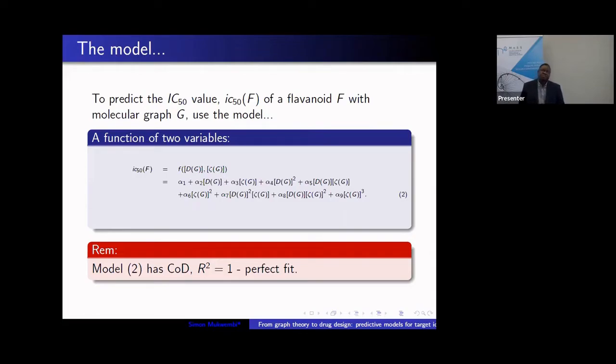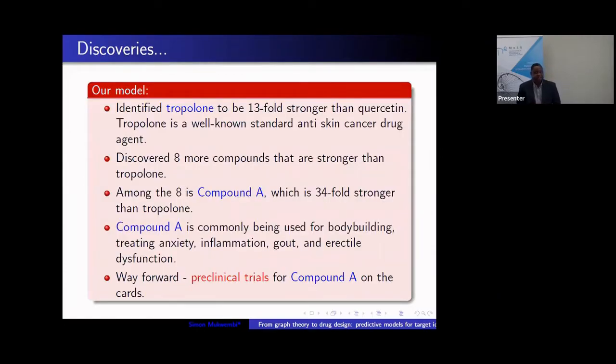So for all purposes, one can then use that model to say, okay, can I look at all the other compounds that are flavonoids, and predict their effectiveness? And can I then rank and select the best? We actually applied that model, and we did that.